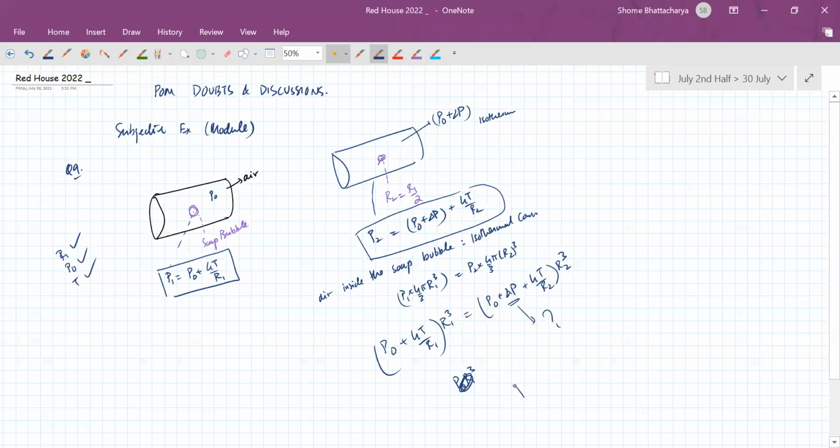Okay, so you can see that when I bring this term here, it will become 8 times. And substitute R2 as R1 by 2.